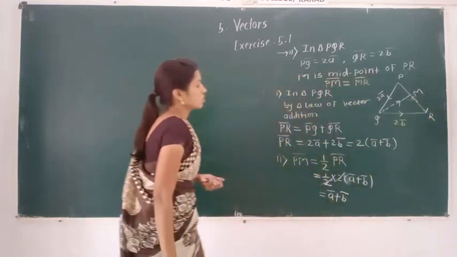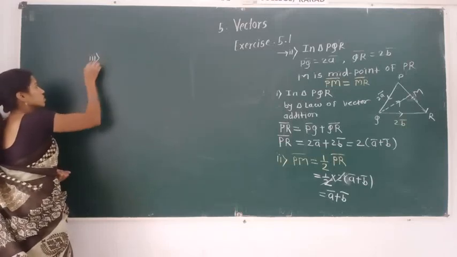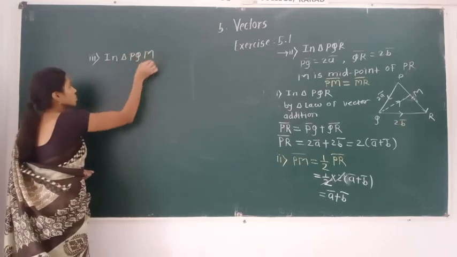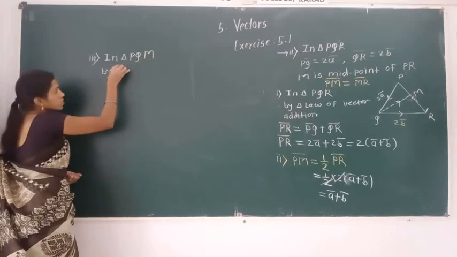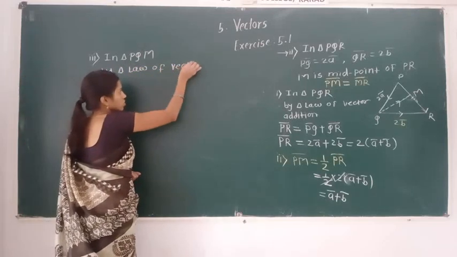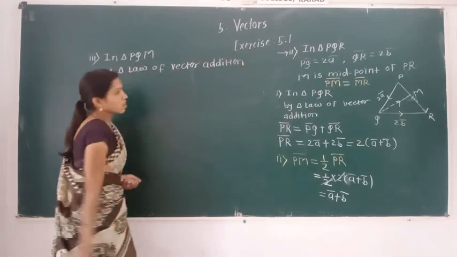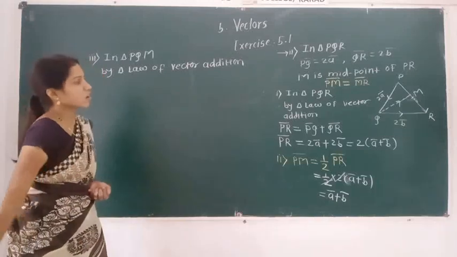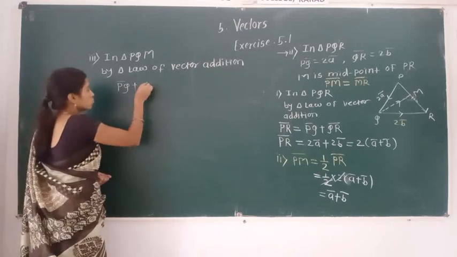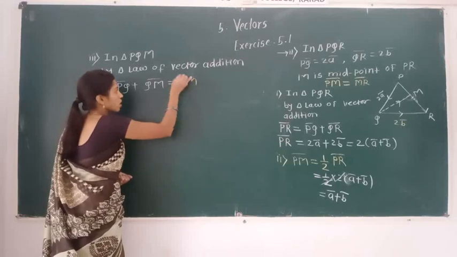So now observe the triangle PQM. In triangle PQM, by using the triangle law of vector addition, we get PQ bar plus QM bar is equal to PM bar.